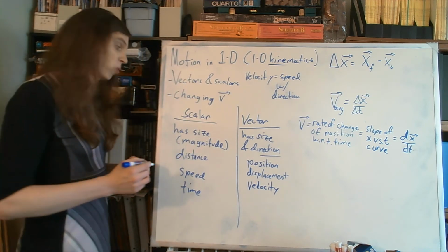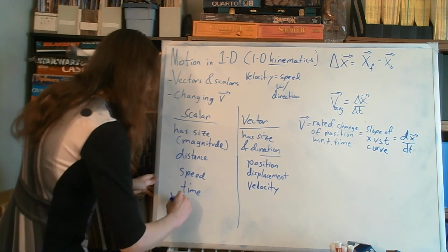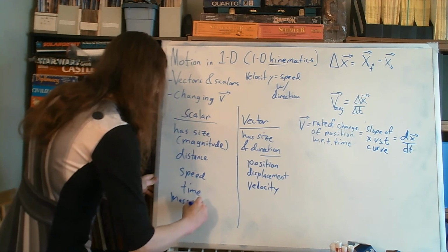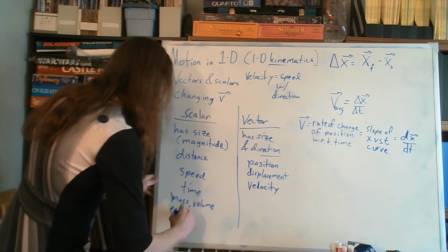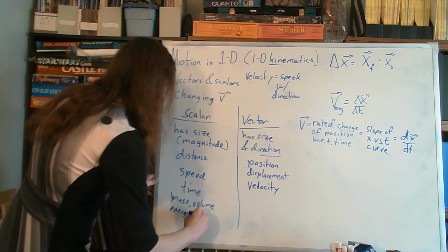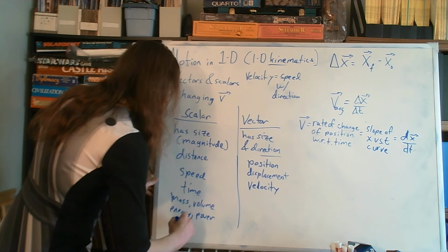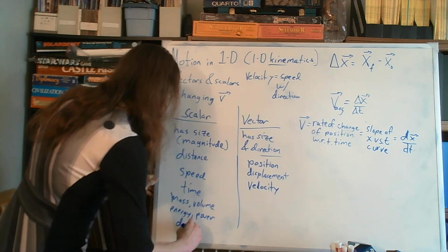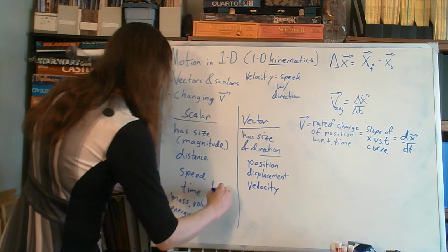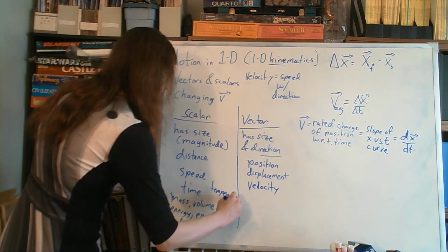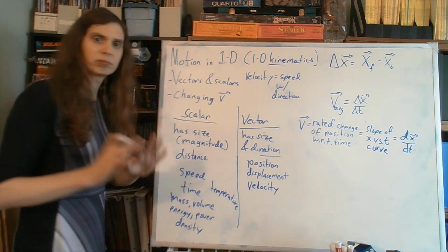Other quantities we're going to run into that are scalars include things like mass, volume, energy, power, density, temperature, all those things.